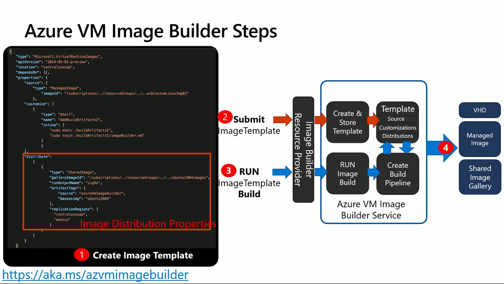Inside there, it will create a storage account, and that's where it will store the files for that particular template. You'll get an acknowledgement back that that was successful, and then you invoke run on that particular image template. So in the background, you'll see an image template artifact, and then you just invoke run on that.